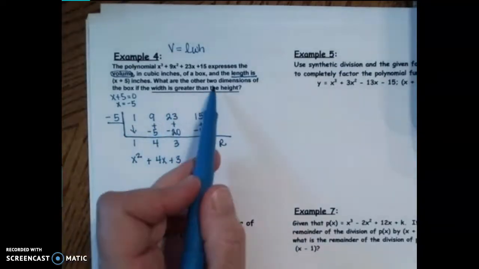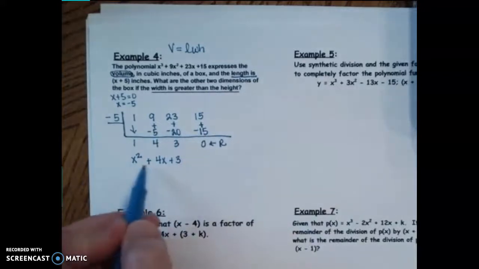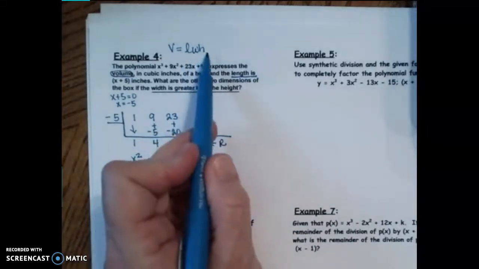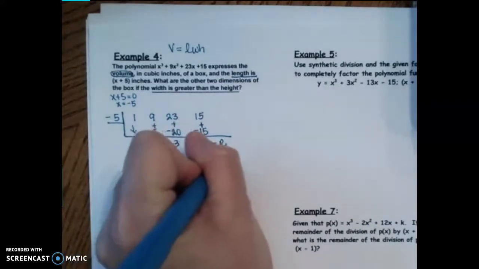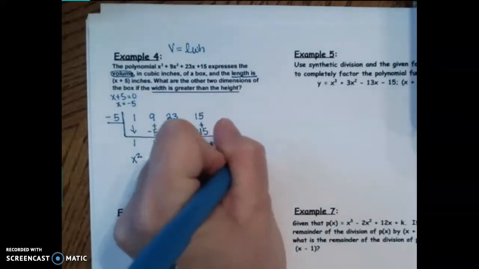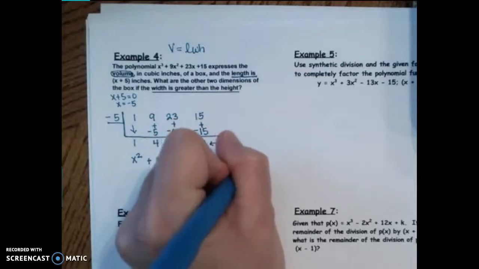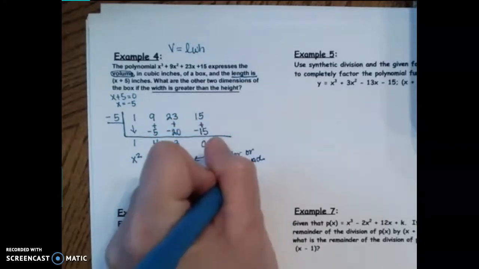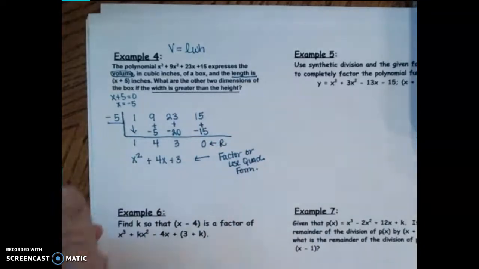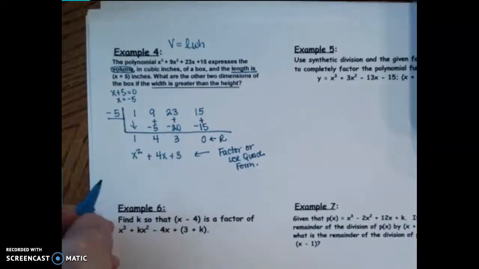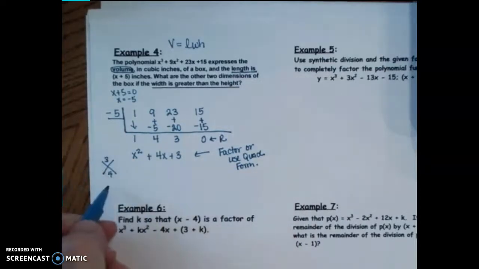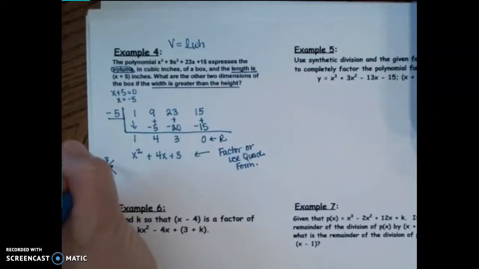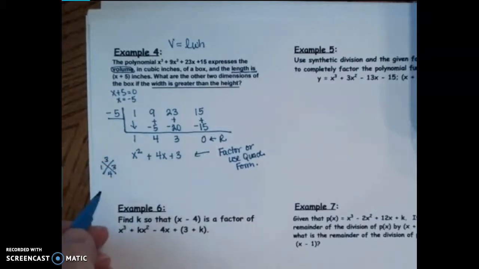This says, what are the other two dimensions? Well, this would give me the width and the height. So now you want to factor, if you can, or use the quadratic formula. If you can do AC, we definitely want to do that. It's faster. So if you come over to the side, 1 times 3 is 3, and I need factors of 3 that add to 4. That would be 3 and 1.